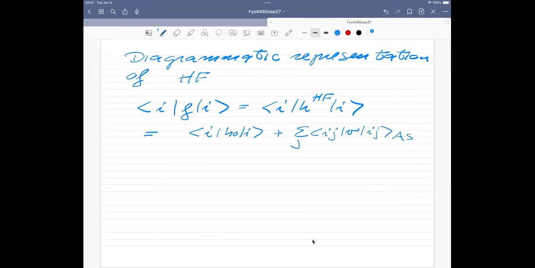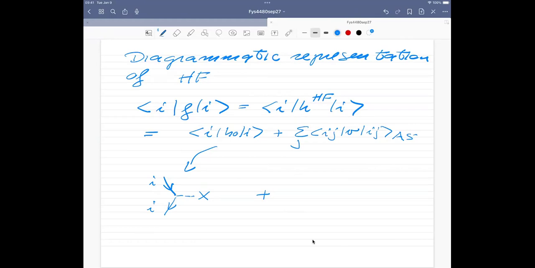So in this case, the first one is simply given by this hole state, which is a downgoing line, i and i here. And then we have a one-body operator, which we indicate with this cross.